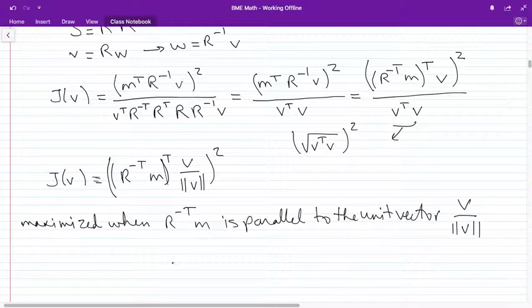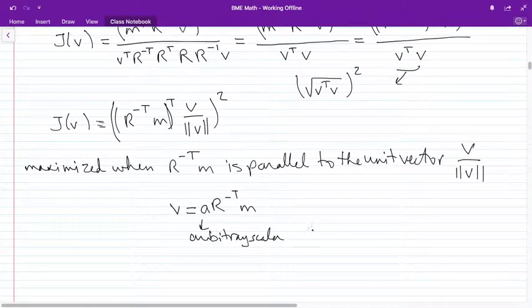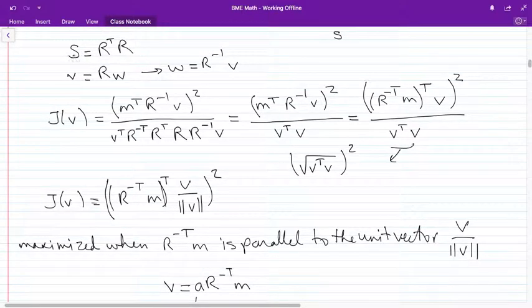So that means that V should be a scalar, arbitrary scalar, A times R minus 1 transpose times M. And what was R? R was the variance-covariance matrix, the square root of it.